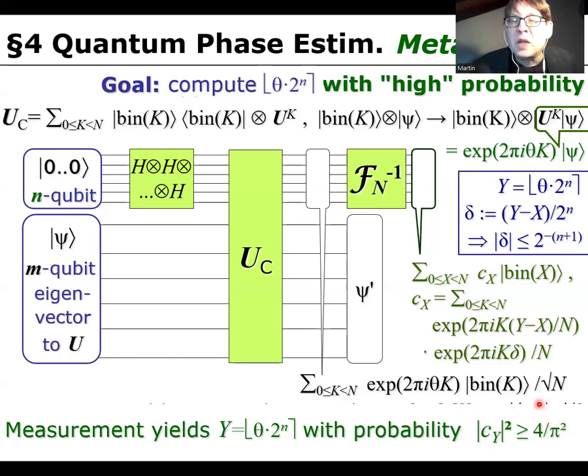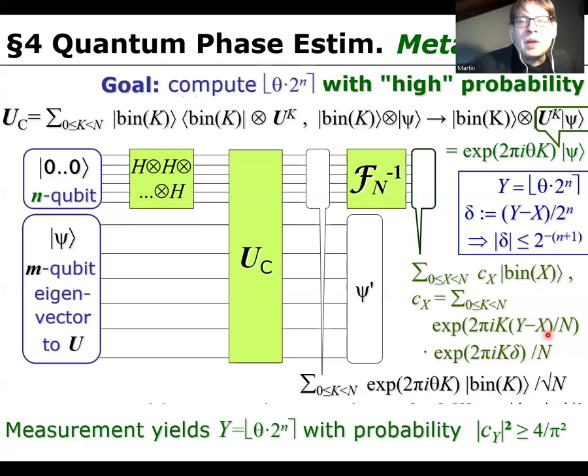And as I said, this is good enough to then repeat this experiment, prepare the initial state again, measure again, and then take the majority using standard estimates in probability theory to get an arbitrarily high probability guarantee. So this is our meta circuit for the quantum phase estimation problem.